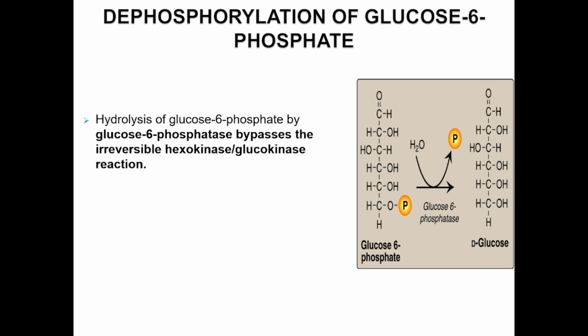Through GLUT2 transporters, because gluconeogenesis mainly happens in the liver, especially in prolonged fasting. The liver has transporter GLUT2, which is bidirectional. It means it just depends: if you have a high level of glucose outside, it will diffuse inside.